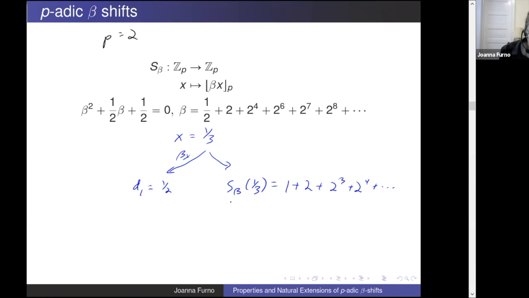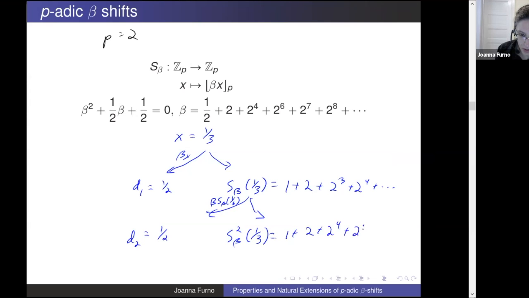And then if we take this now, and again, we're going to multiply by beta, our fractional part becomes our digit, and the integer part becomes the next iterate, which in this case is 1 plus 2 plus 2 to the fourth plus 2 to the fifth plus 2 to the sixth, and so on.